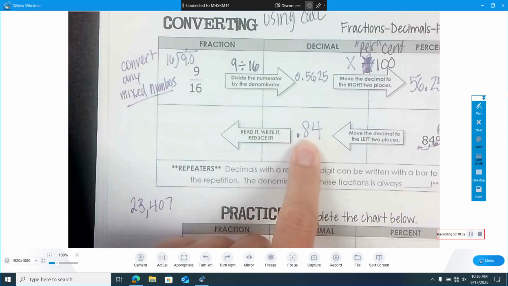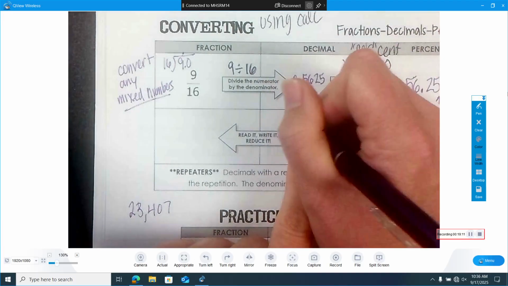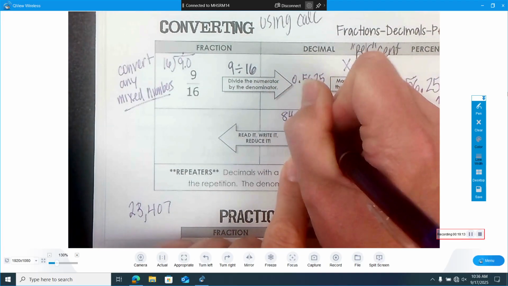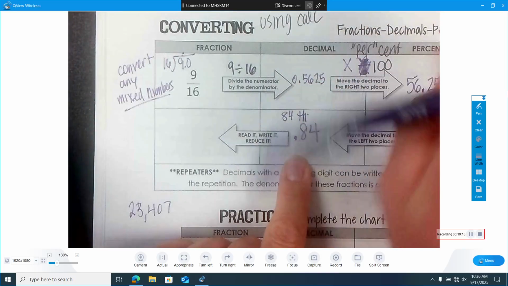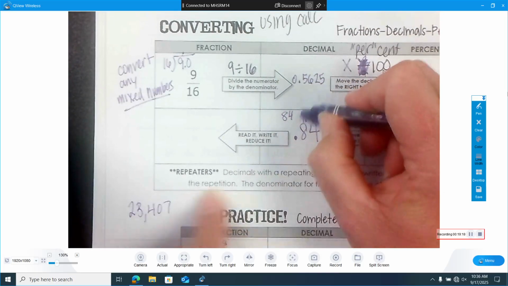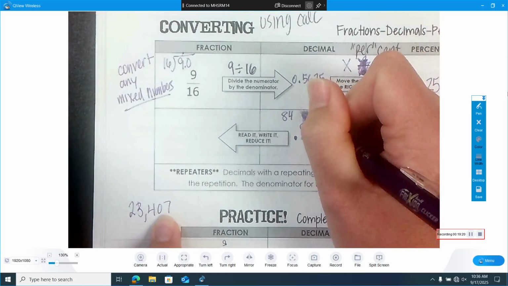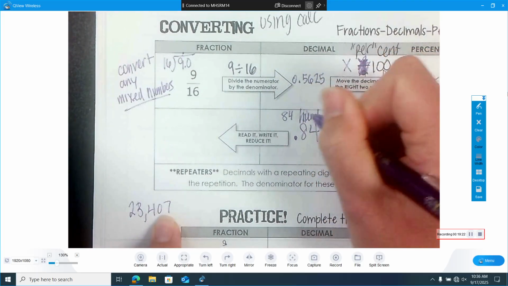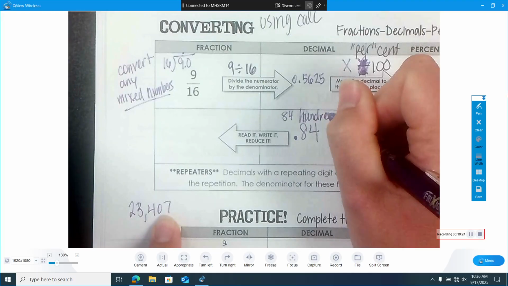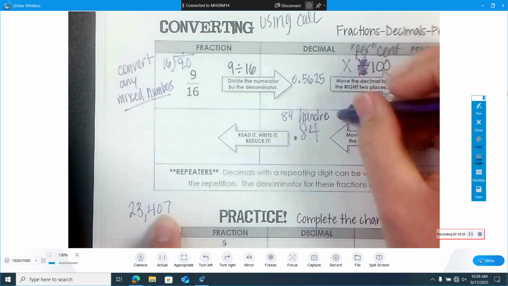This decimal has 84 hundredths. I threw myself off when I did that big long one. 84 hundredths.